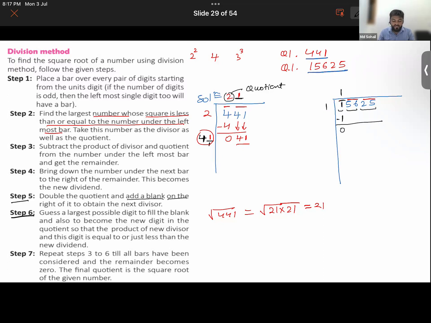Then we have to bring down the second number. We need to bring down the number under the next bar. So which number is under the next bar? Sir, I've got the answer. Shall I send it? Yes, send it to me. Ahmed, you quickly tell me.